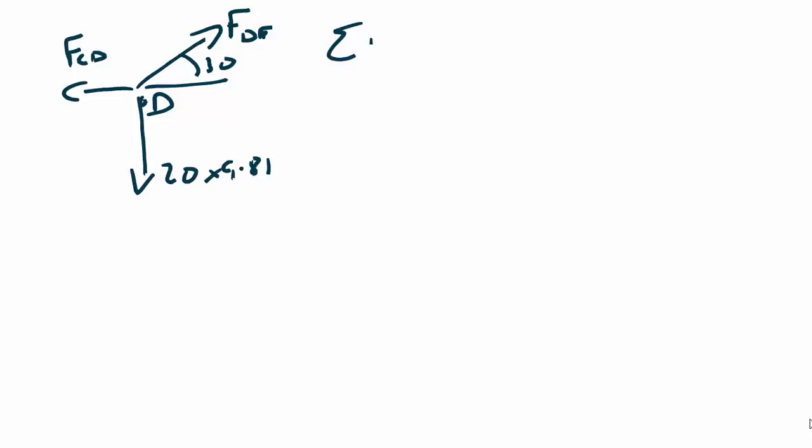We can then say our sum of the forces, and we'll start with the y direction because we have a known force, because we know the weight, equals FDE sine 30 minus 20 times 9.81, which is 196.2.